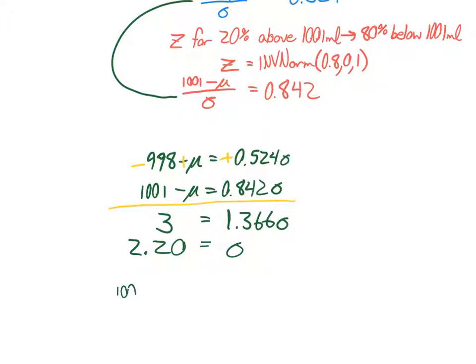Let's say 1001 minus mu equals 0.842 times 2.2. So I add the mu and subtract that other thing. At this point it's basic algebra. And what do we end up with? 990 something.